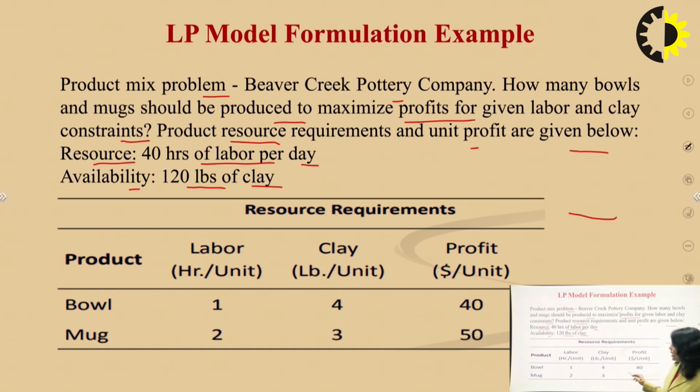Similarly, we can see it for the mug also. The maximum amount of clay available to us is 120 lbs, and labor can work 40 hours per day. This is the descriptive statement given to us, and we want to formulate our problem, so we have to convert it into mathematical equations. How will we do it?